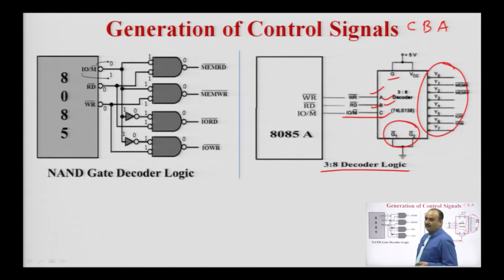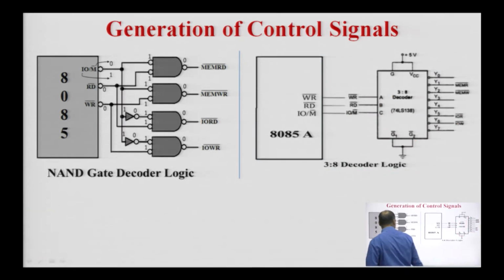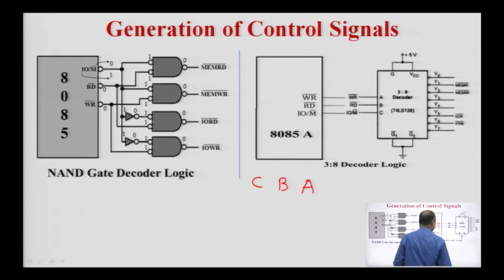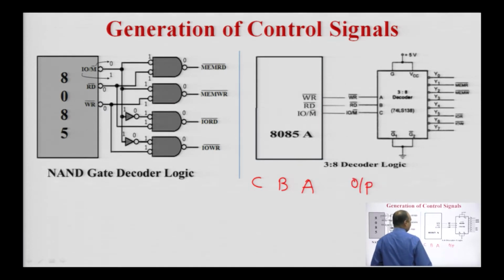For the generation of the memory read control signal, the combination of C, B, A, the inputs to the 3:8 decoder, is 0, 0, 1 for the memory read operation.